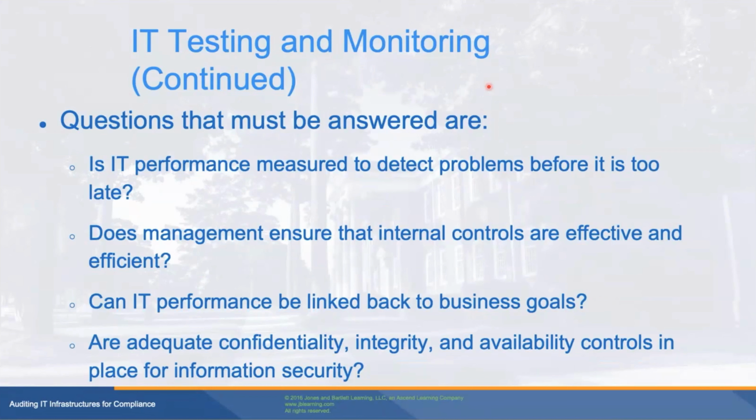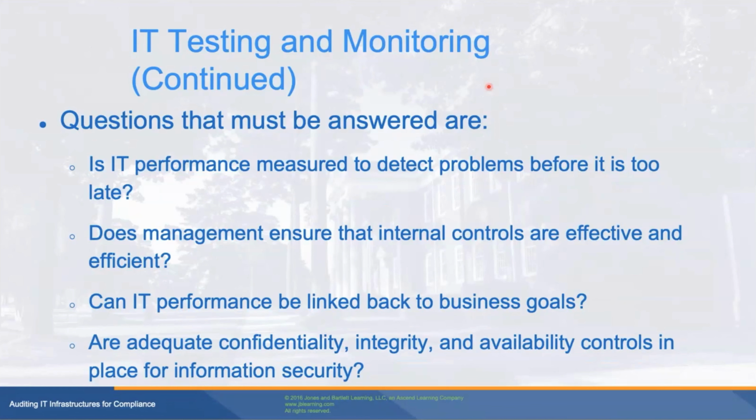So that's going to be the frequency of our testing and monitoring. Does management ensure that internal controls are effective and efficient? Are they writing these policies to make sure that the controls are effective and not wasteful? Can IT performance be linked back to business goals? Right? You want to tie all of the controls back to the policies and the goals of the company.